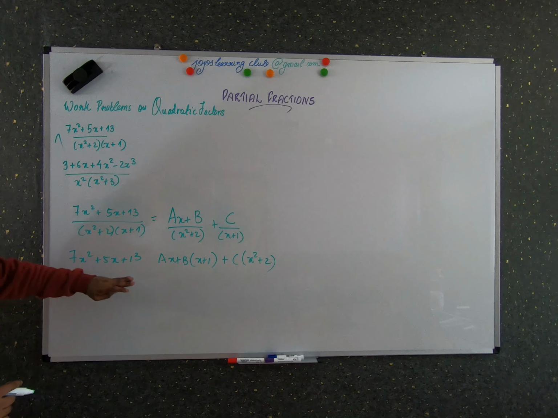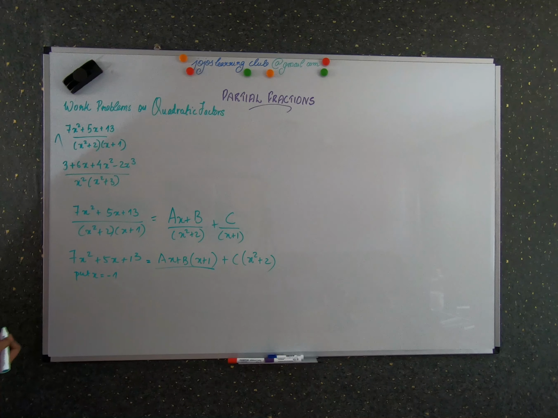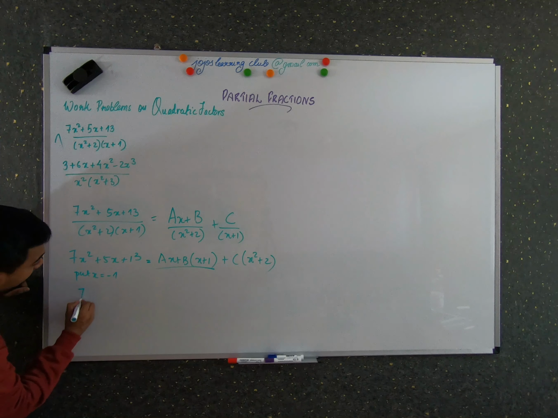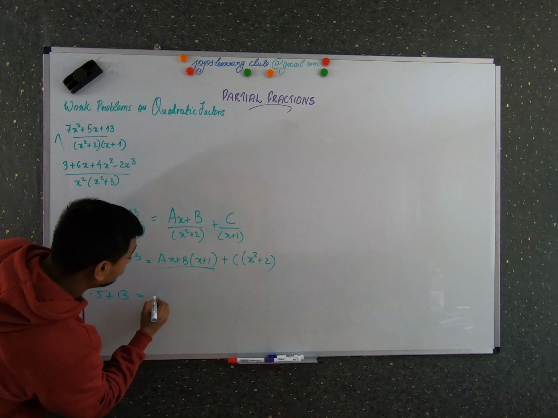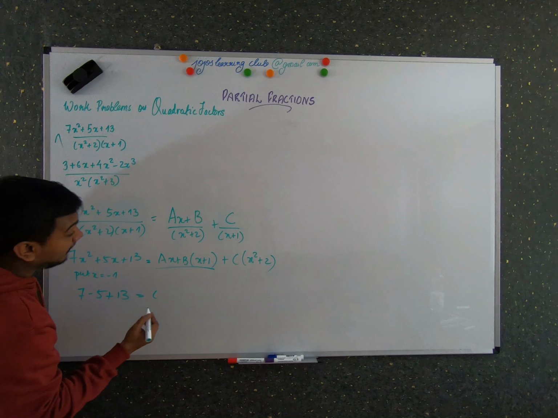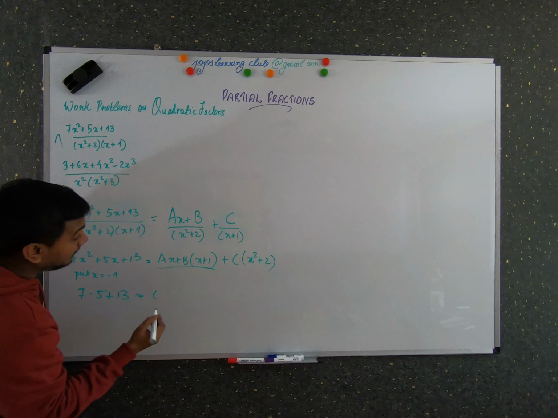If I substitute -1, this complete term would get 0. Let me substitute here. 7 into -1, the whole square is 7. 5 into -1 is -5, plus 13, right? Here it becomes 0, so I don't have to do the first term. c into (-1) the whole square plus 2 is 3c. 7 minus 5 is 2, 2 plus 13 is 15, equals 3c. So c's value is 5.